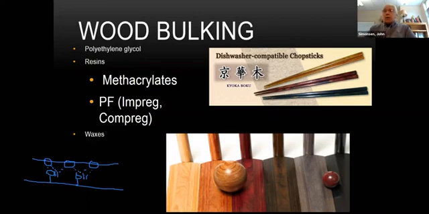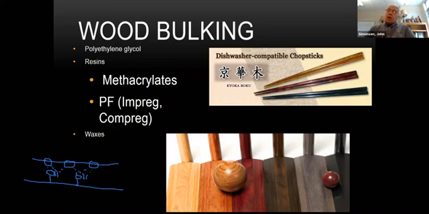You can do other kinds of polymers in wood, and typically this is done by injecting resins. Like we've talked about treating wood, and you've had the lab on treatment of wood.